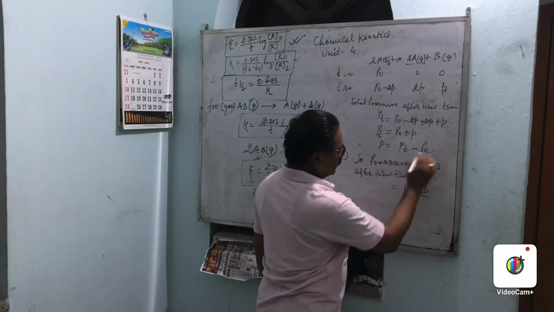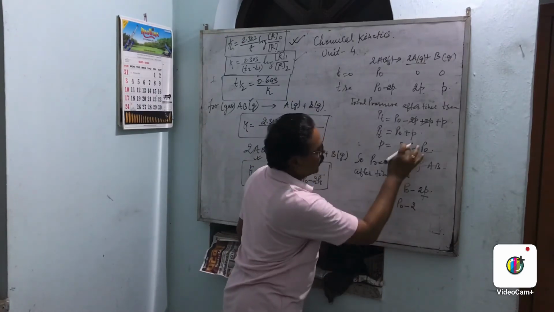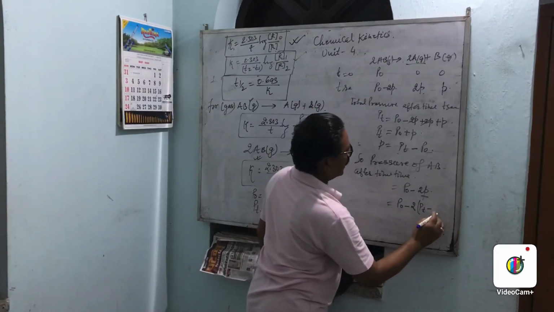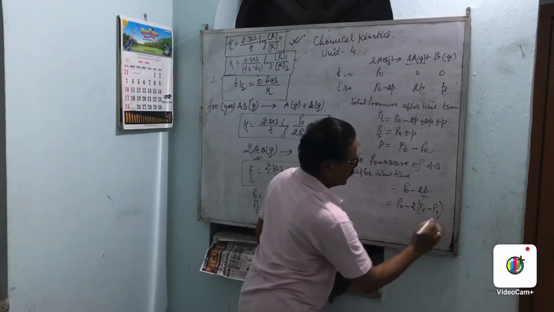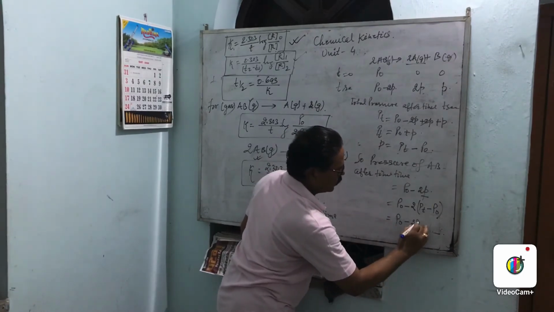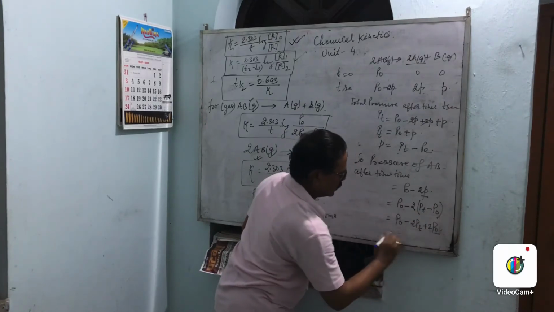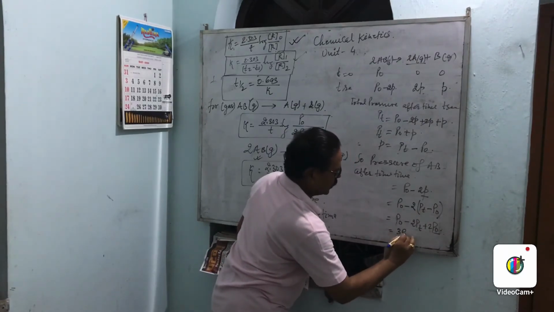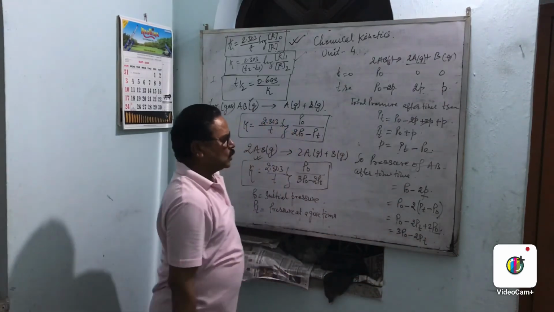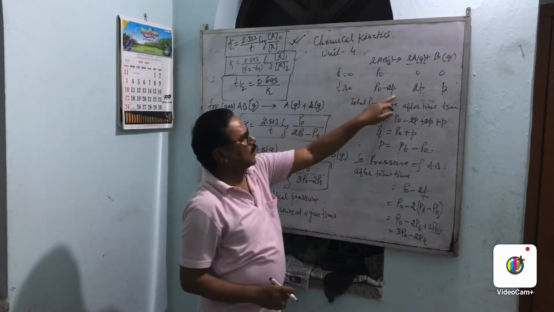You put the value of P, and what is the value of P? That is PT minus P naught. So it comes to be P naught minus 2PT plus 2P naught, which is 3P naught minus 2PT. Right, so this is the pressure at time t.